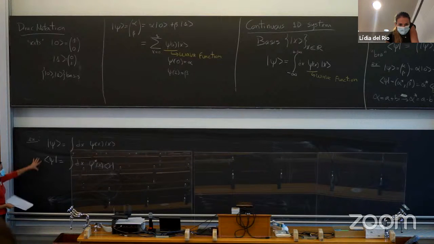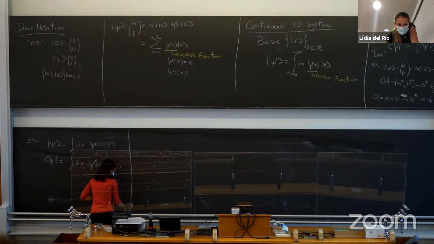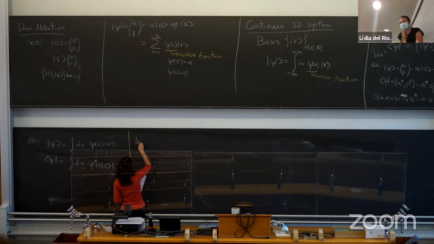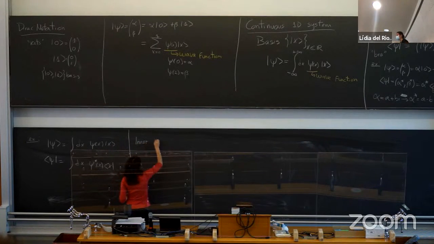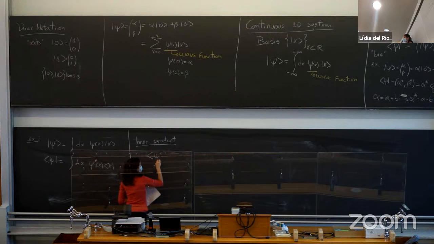That's it. So with these elements, now we can talk about the inner product between two things. So how is the inner product defined? It's the bracket. It's defined like this.